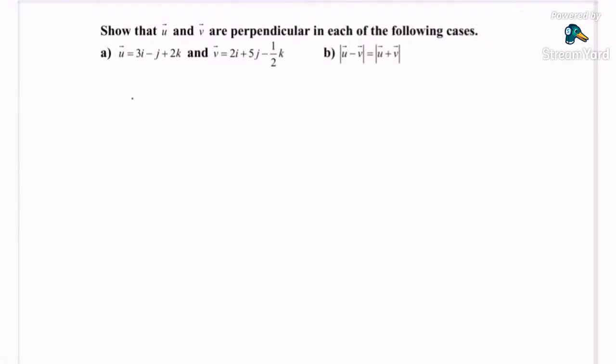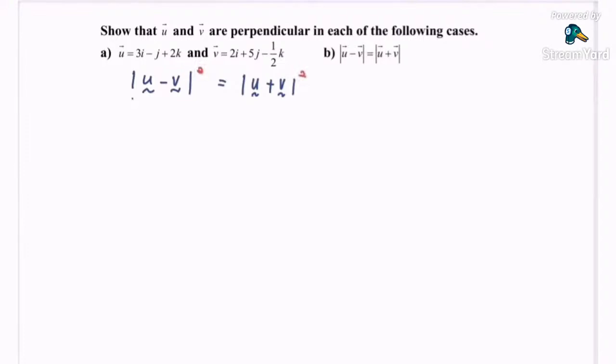Next, kindly focus on b, where we have the modulus of u minus v is equal to modulus of u plus v. So what we have to do is make use of the properties of scalar product, which is square both sides.